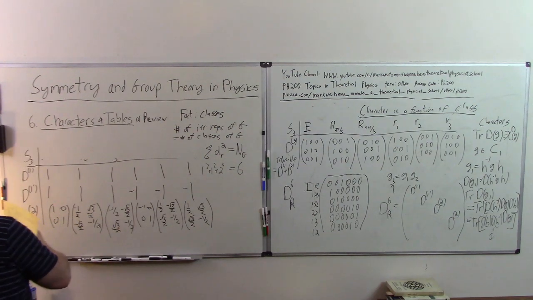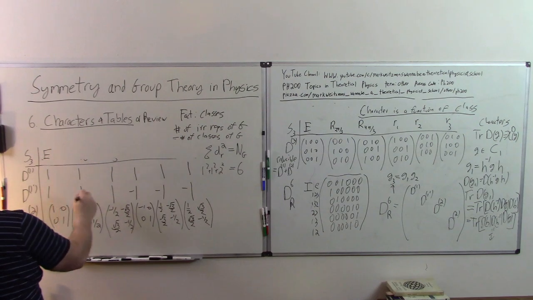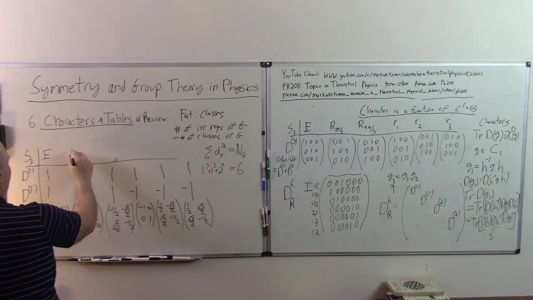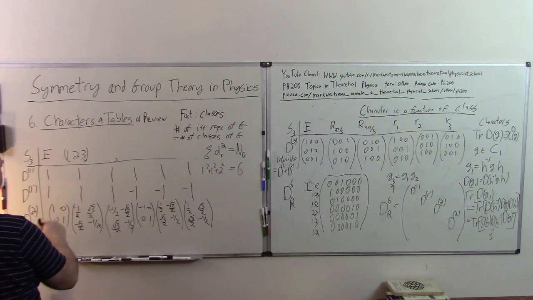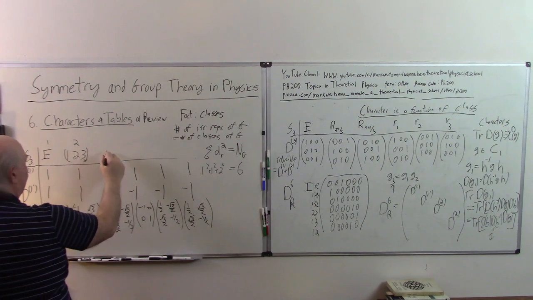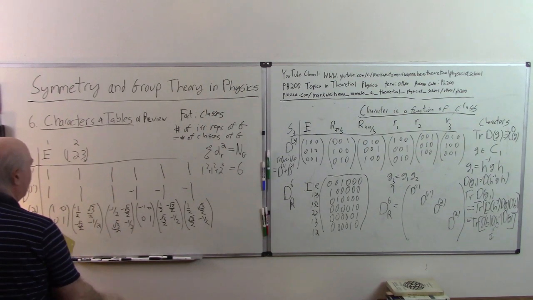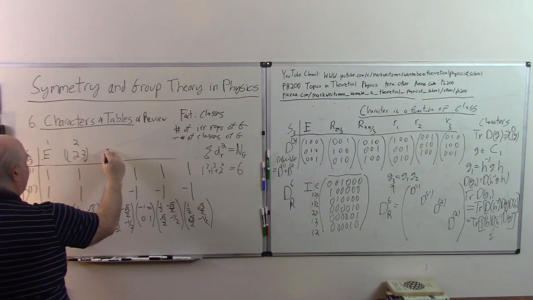Now I'm going to have the three classes. This is the identity. This is a transposition. This is a rotation class, a 3-cycle. There are 2 3-cycles. There's one identity element, and then I'll use a transposition.